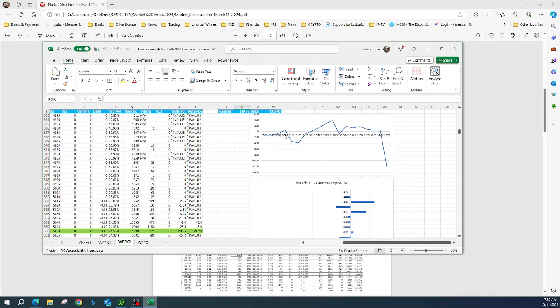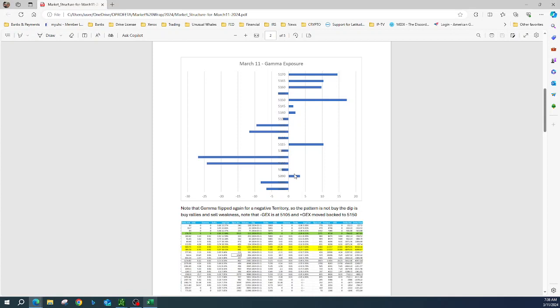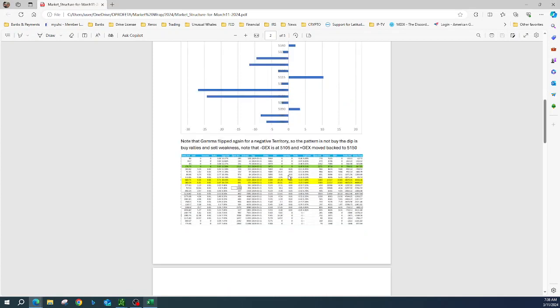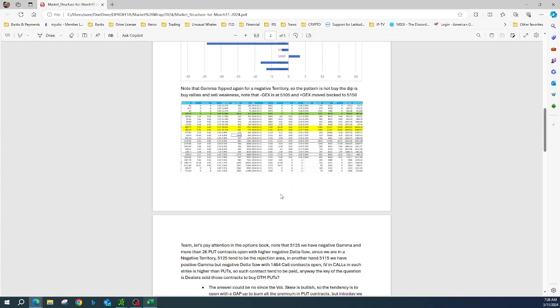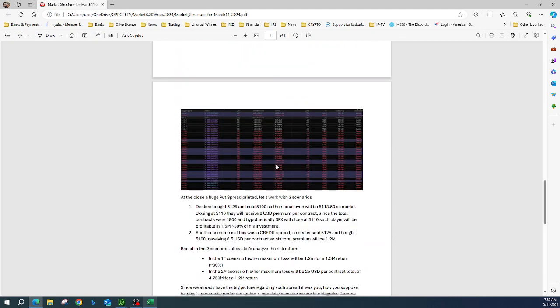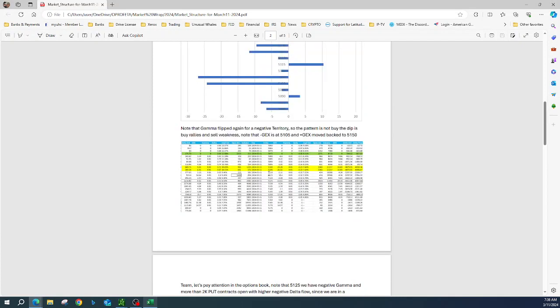So far, delta levels are suggesting us a viable region at 5,009, 5,095. Exactly what they left on Friday according to the gamma structure. Okay? And remember, if you see buyers over there and markets closing around 5,110, this guy will be paid in full 30%, and dealers will collect full premium.